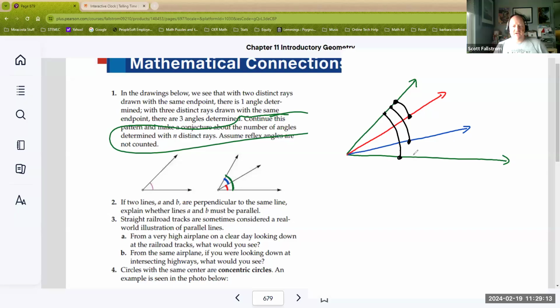So there's three going from the top ray. Next up, I'll go to the middle ray. One to here, one to here, right? Measuring the angles. And finally, one to there.